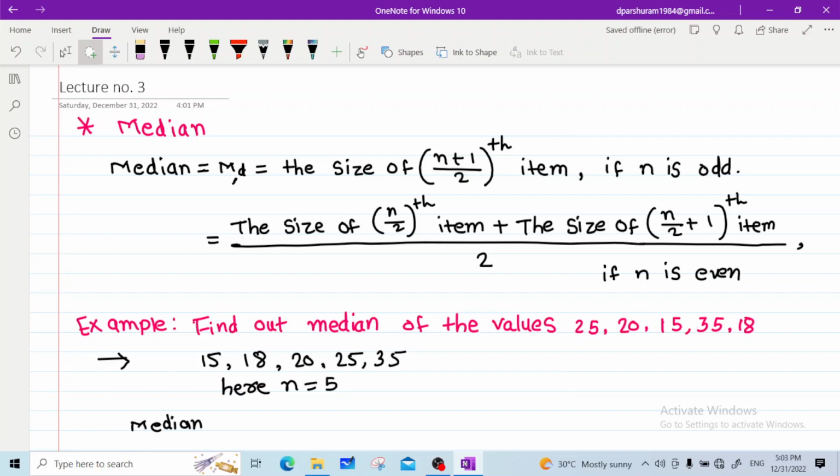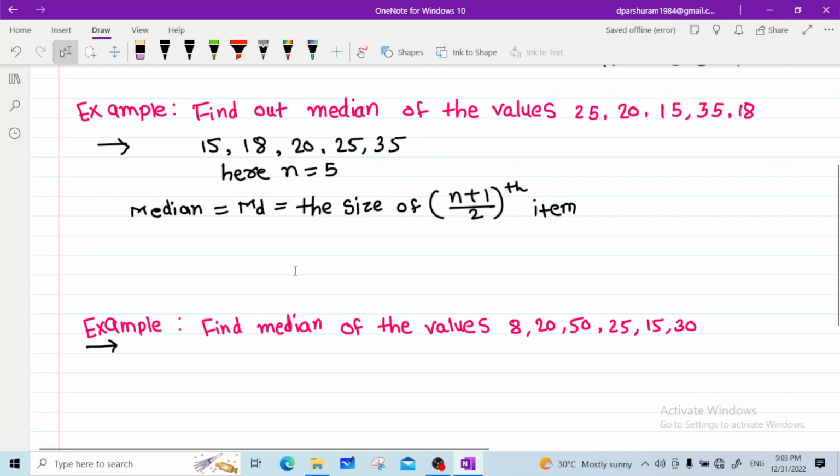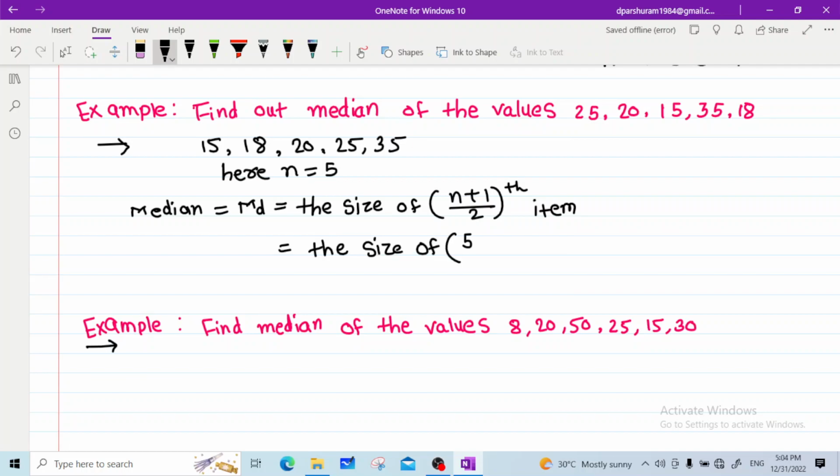Median MD is equal to the size of (n plus 1) divided by 2th item, which is equal to the size of, the value of n is 5, (5 plus 1) divided by 2th item. 5 plus 1 is equal to 6, 6 divided by 2 is equal to 3.